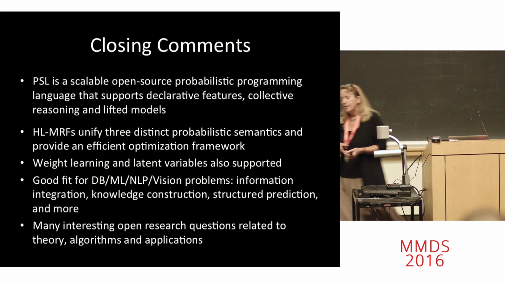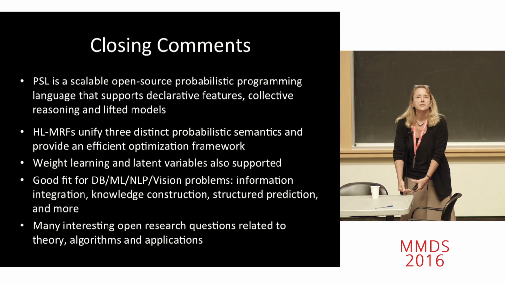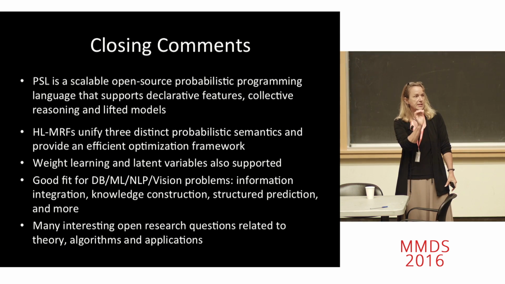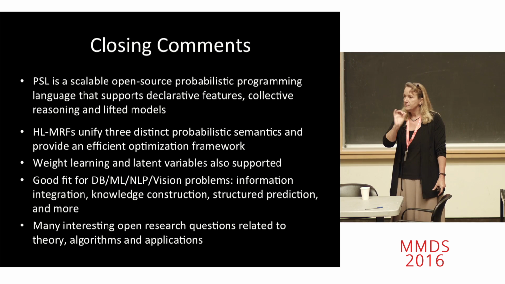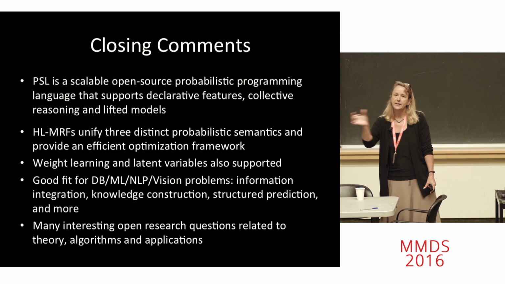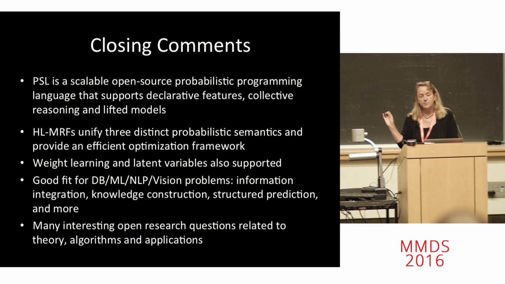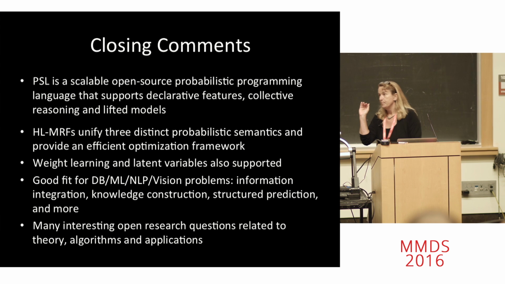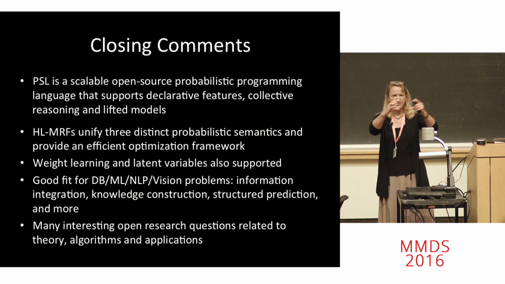So PSL is nice, it's open source, it's scalable, but the key thing is I think it gets those three things that I really think are needed for methods now: that we have some way of declaratively talking about the features and the dependence between the attributes, that we have a way of doing collective inference, and the way that we can have these kinds of patterns.